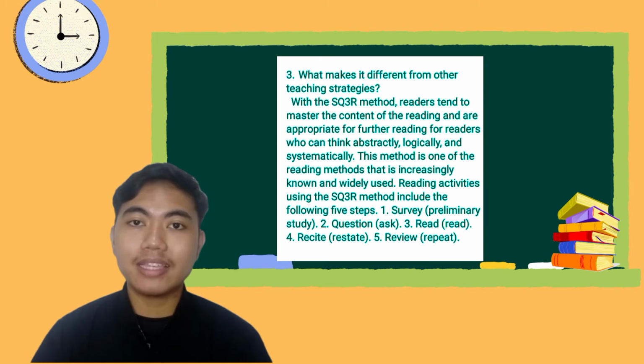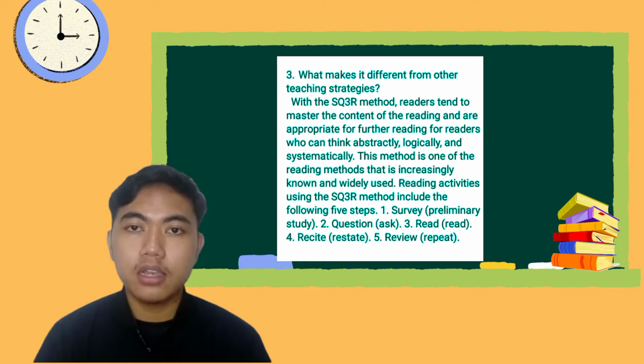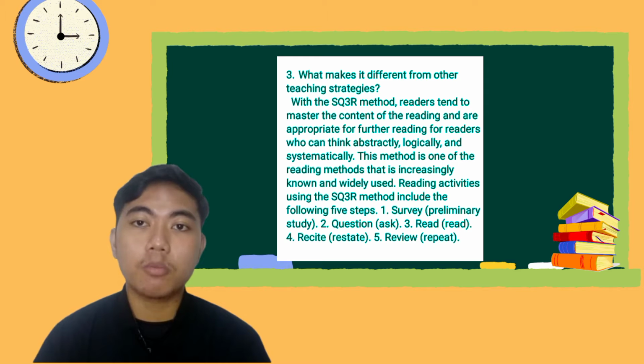Point 3. What makes it different from other teaching strategies? With the SQ3R method, readers tend to master the content of the reading, and it is appropriate for readers who can think abstractly, logically, and systematically.